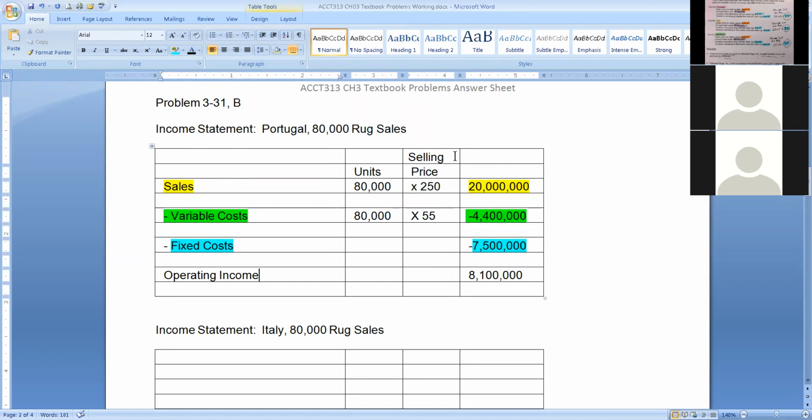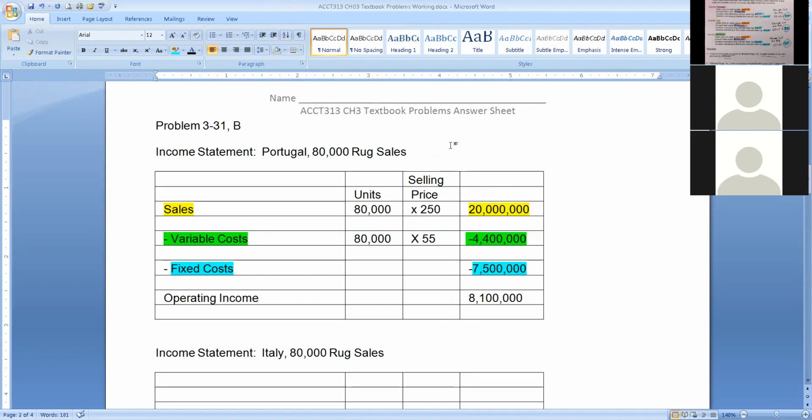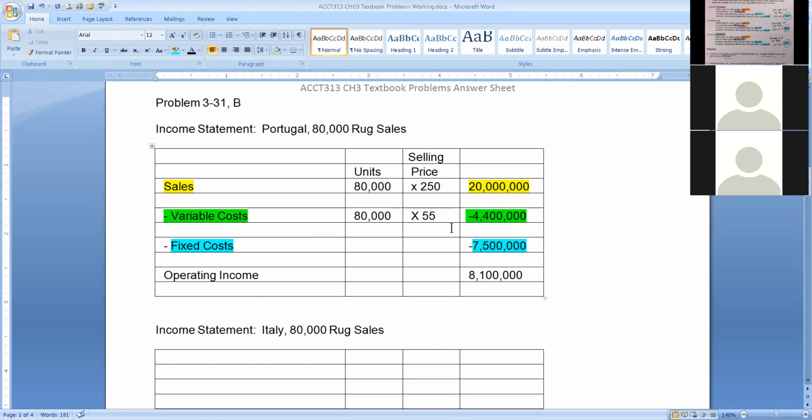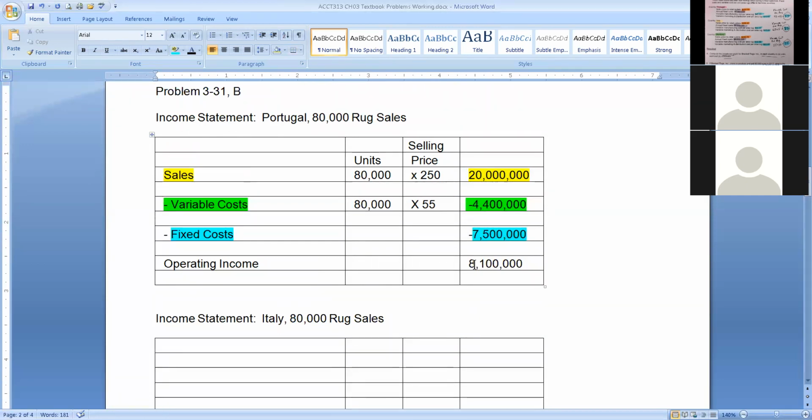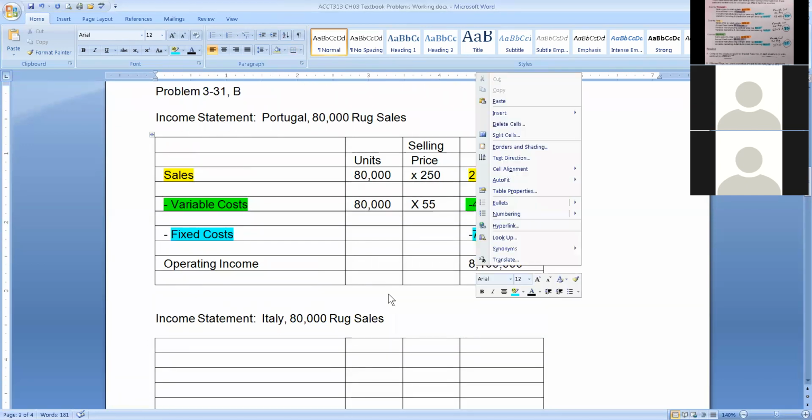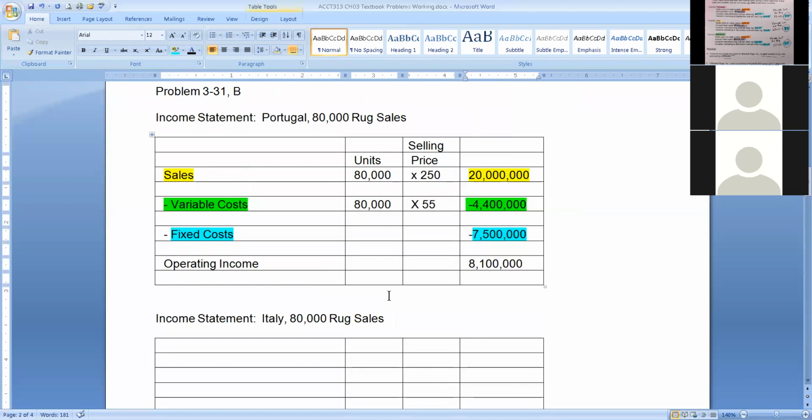You can actually do these probably quicker in Excel if you know how to use Excel, and feel free to do that. If you're familiar with using Excel and you want to do these problems in Excel, that's fine with me. I do it in Word just because it's easier for the paging and all that kind of stuff. But however you want to do it is fine with me.